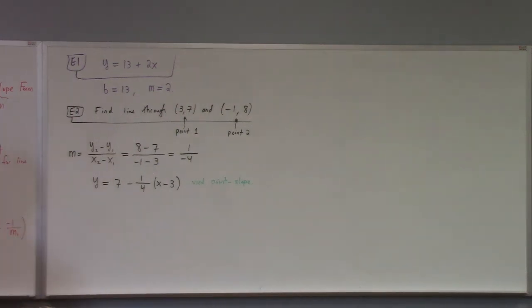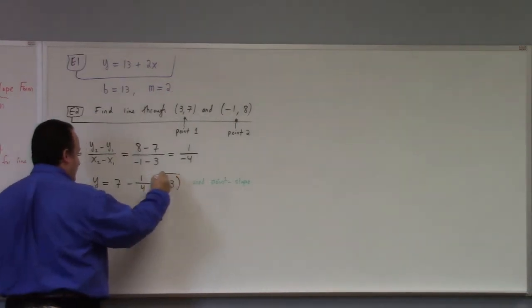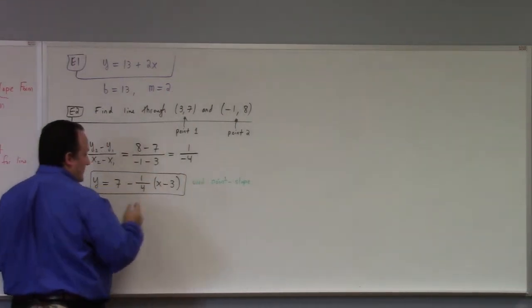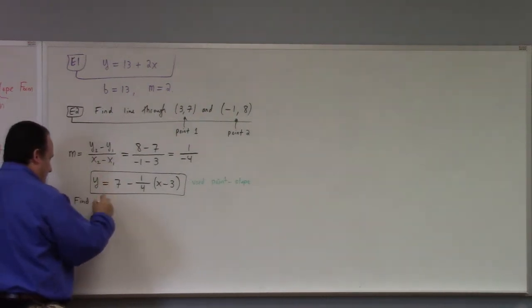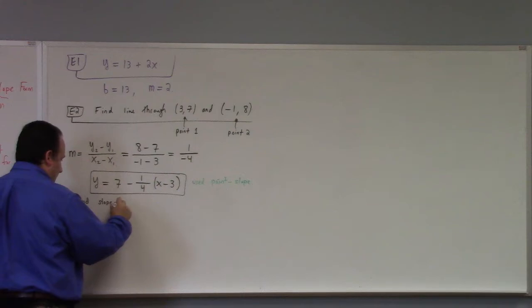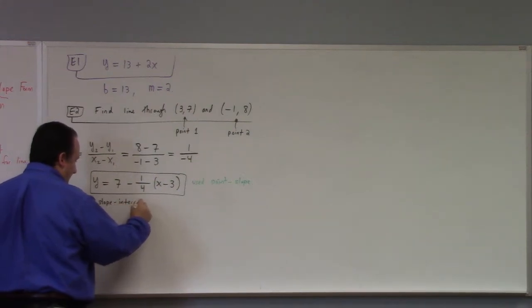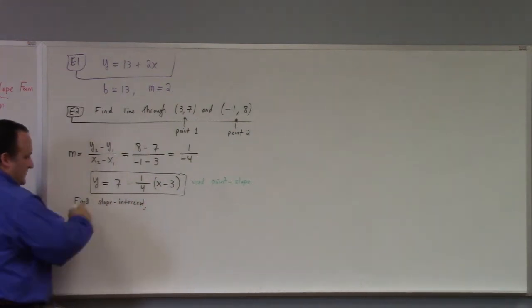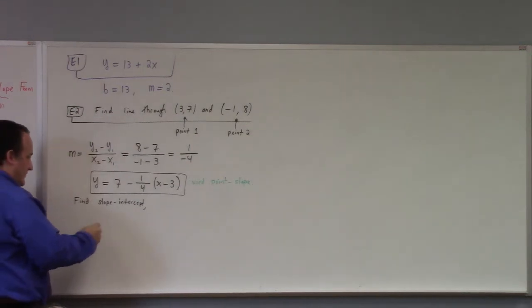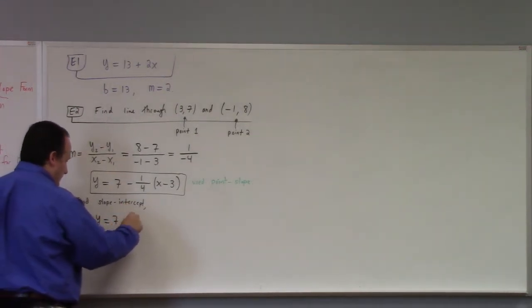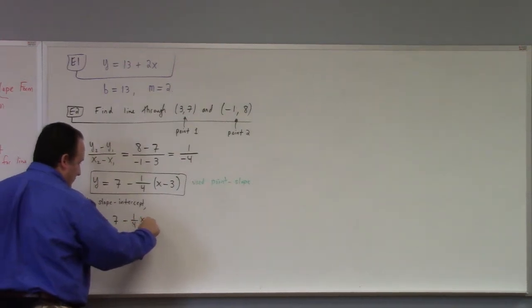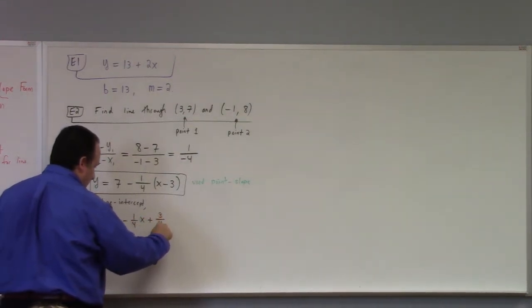Now, what's the slope-intercept form of the line? How would you find that? By the way, this is a perfectly good answer already. But let's find slope-intercept. I'll say it right eventually. What do you got to do? Just work it out, right? So I got 7 minus 1/4 x plus 3/4, right?